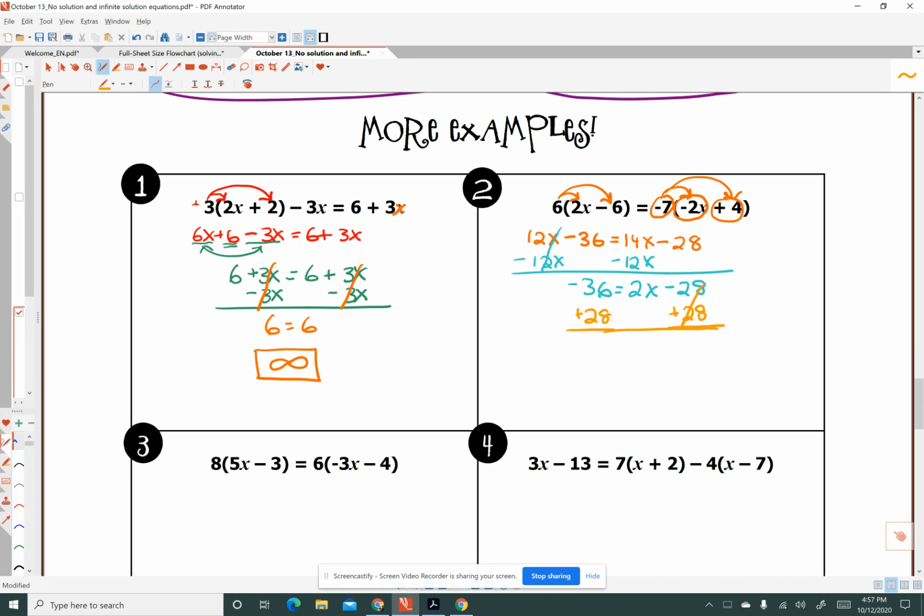So negative 36 plus 28 is negative 8 equals 2x. What is happening to x? It's being multiplied by 2. The opposite of multiplication is division. And negative 8 divided by 2 is negative 4 equals x. I love to write my answers with x on the left side. X equals negative 4. And that's the final answer.